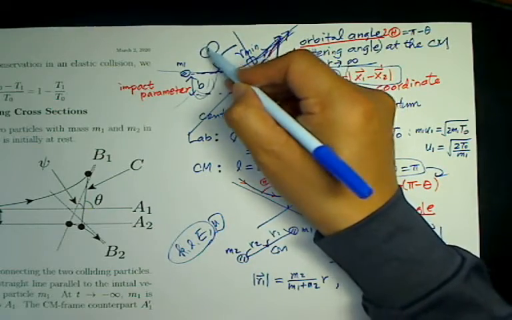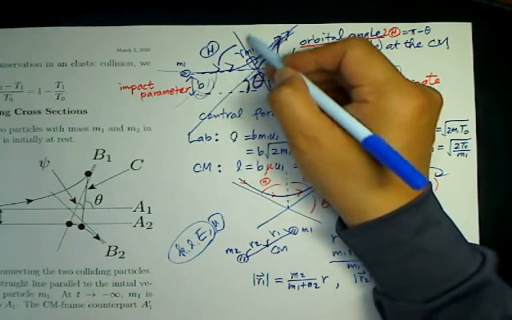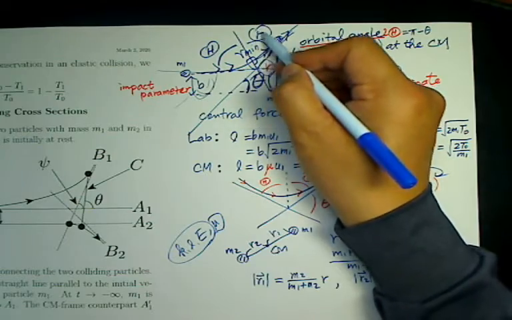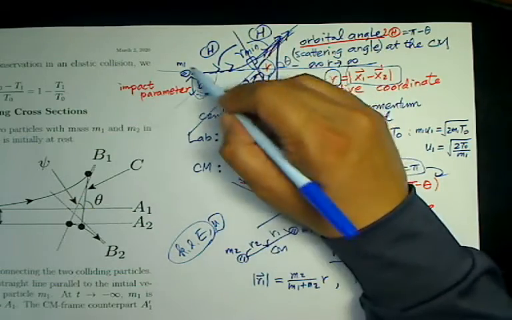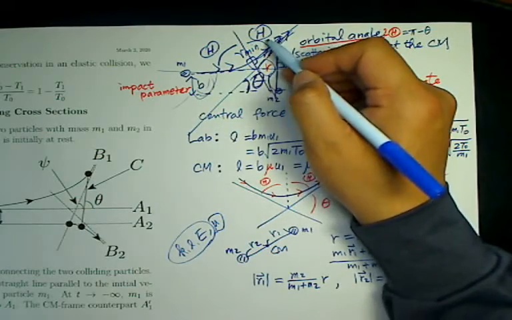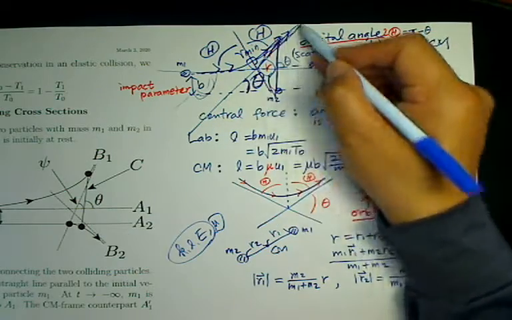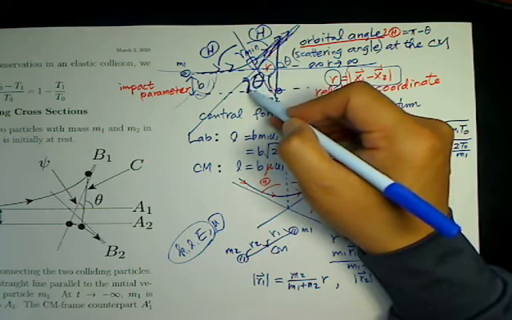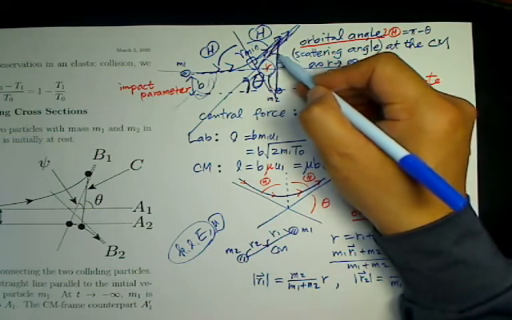This angle is called psi, and this angle is psi too. Because they are symmetric, these angles should be the same. And the scattering angle can be moved in here.